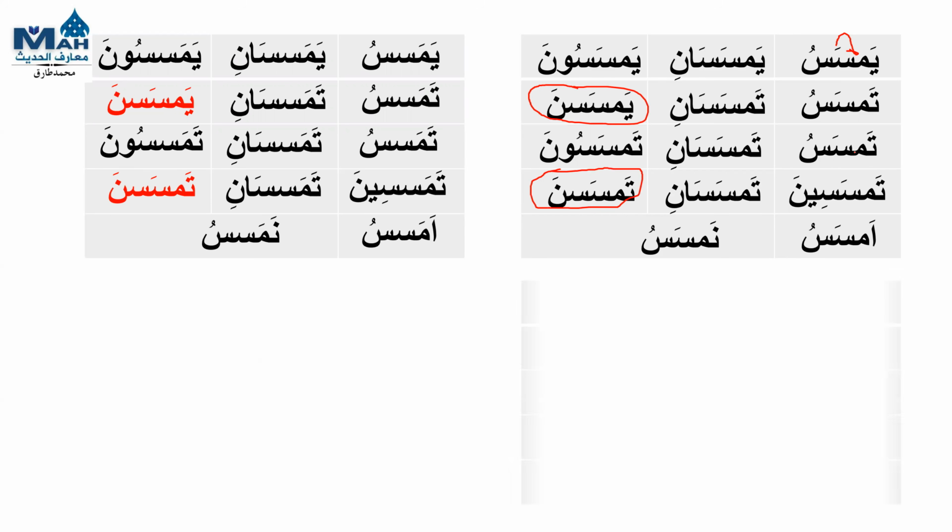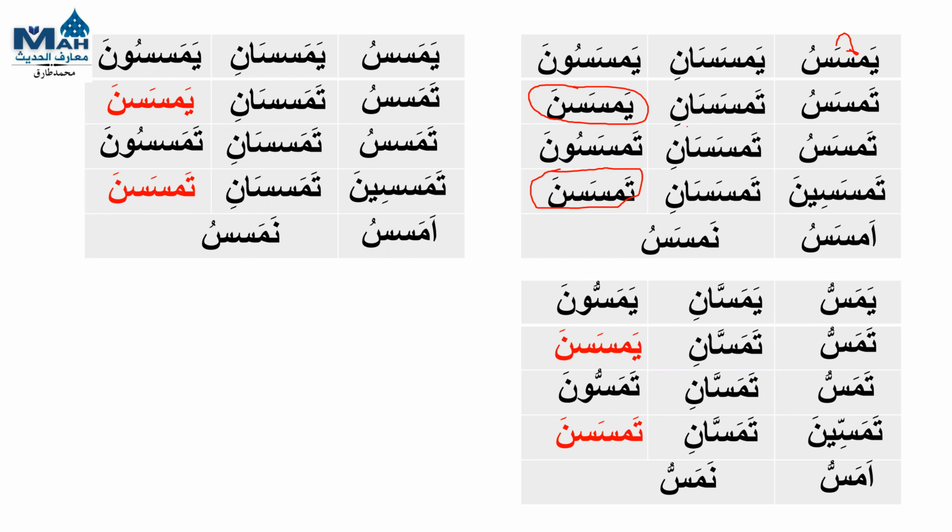Now put the change and merge it. Yamassu, yamassani, yamassuna, tamassu, tamassani, yamsasna, tamassuna, tamassina, tamassani, tamsasna, amassu, namassu. Very good. Excellent.